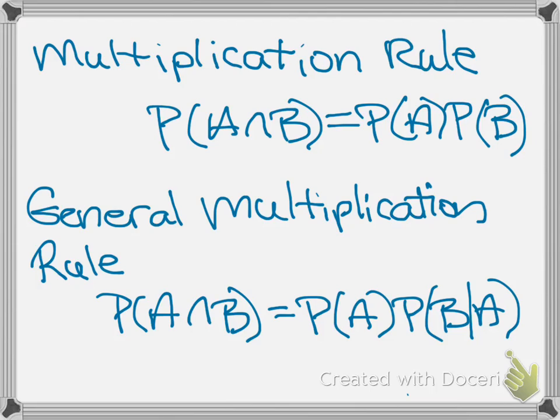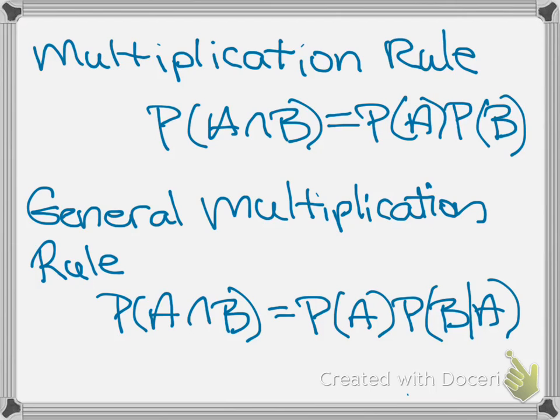So we can actually use this idea of conditional probability to give us a general multiplication rule that will work for any two events, whether they are independent or not. And this general rule says that the probability of the intersection of events A and B, again that's the probability that both events occur, is the probability that event A occurs times the probability of event B occurring given that event A has already occurred.